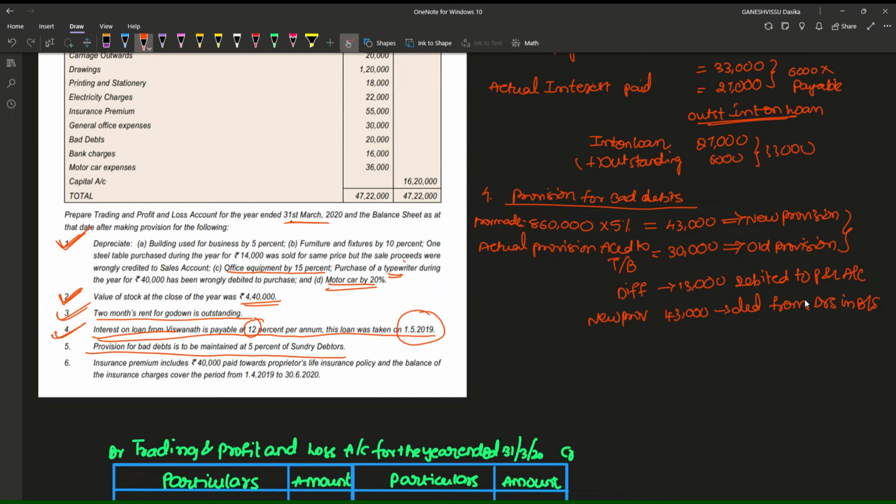Whether it may be old provision or new provision, we need to deduct only the new provision from debtors in balance sheet. That is the rule, right?